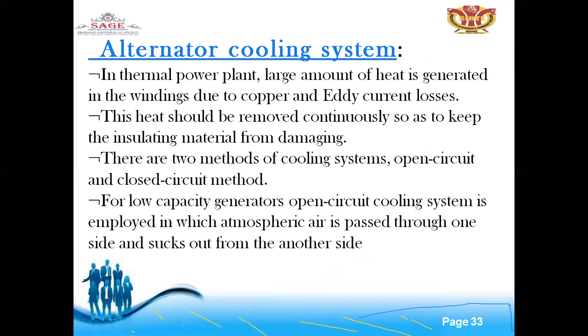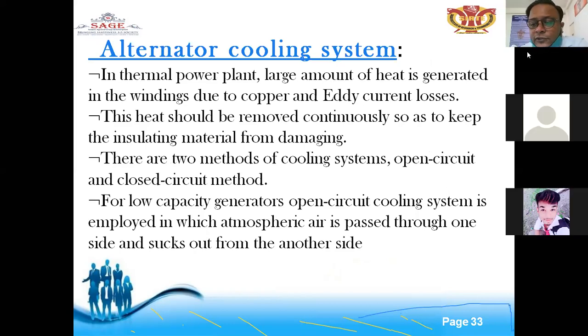Alternator cooling system. In the thermal power plant, a large amount of heat is generated in the winding due to the copper and eddy current losses. That's why there are two methods of cooling system, open circuit and closed circuit.